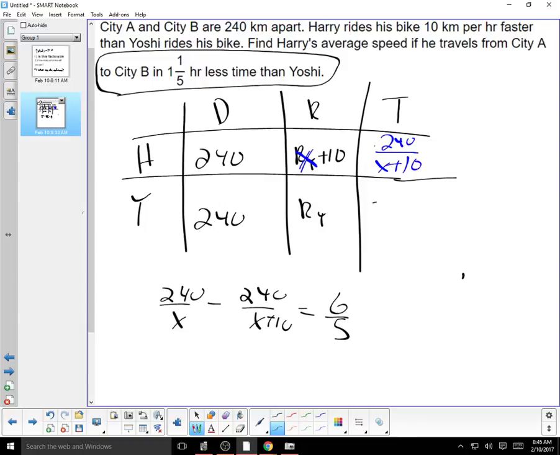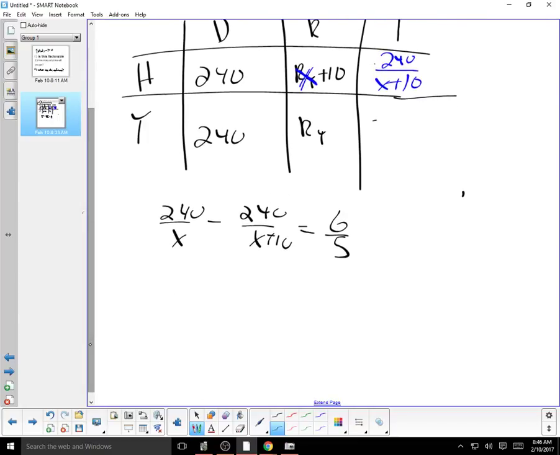That's interesting. And then I took the LCD. Well, this is the hard part. 5x plus 10. Okay, cool. Finish it up then? What's that under the R over top? What they did is they just created equations of differences. They said that's x plus 10 if that's x, because he's going 10 miles faster. Then they created the ratios here, 240 over x plus 10 and 240 over x, which is distance over rate.